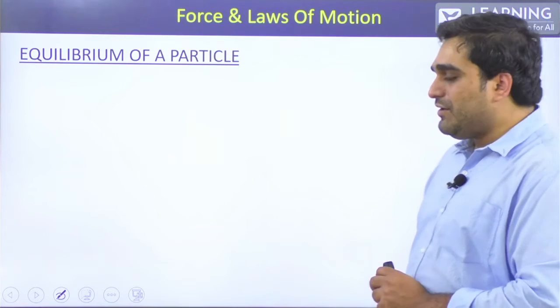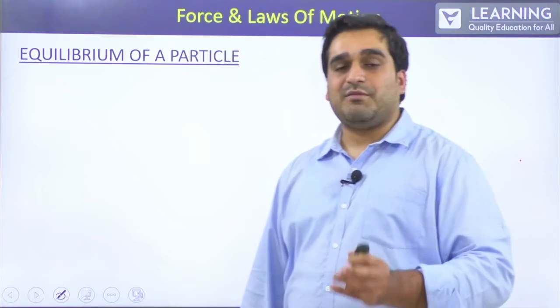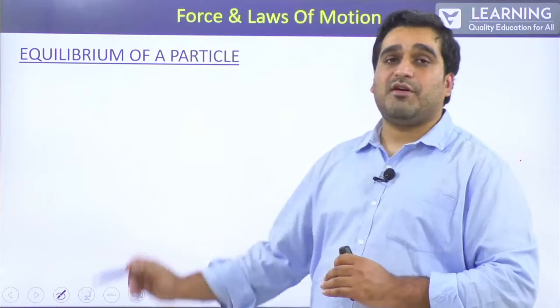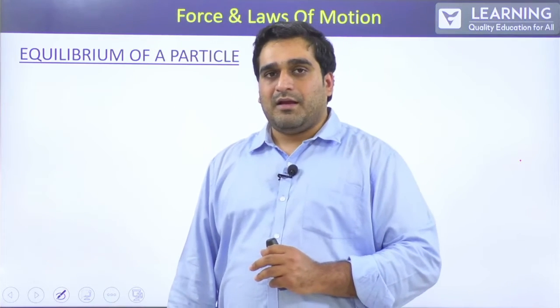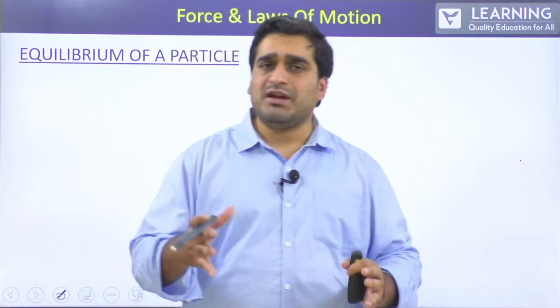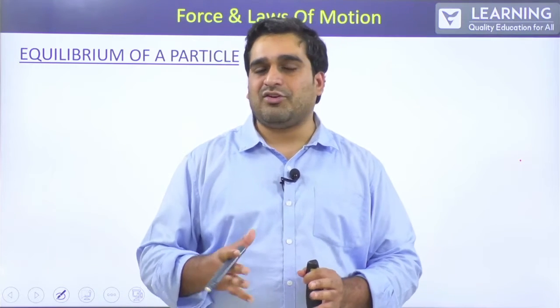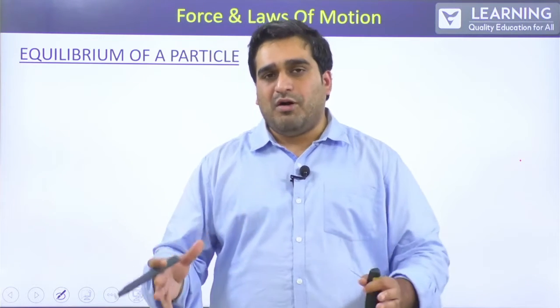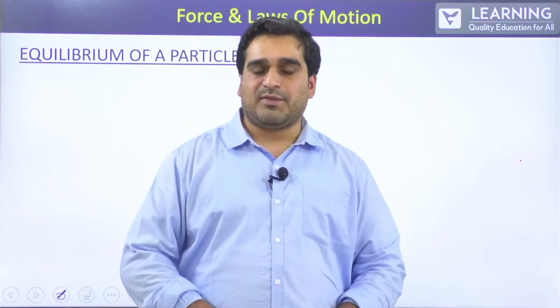Right. Now that we have learned conservation of momentum, we enter the next section, which is called equilibrium of a particle. A particle appears to remain stationary though there are multiple forces acting on it. An example is a box which is placed at the center.